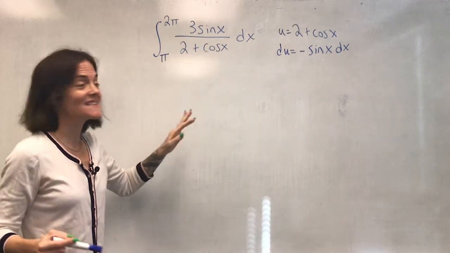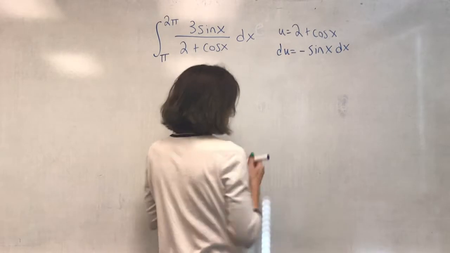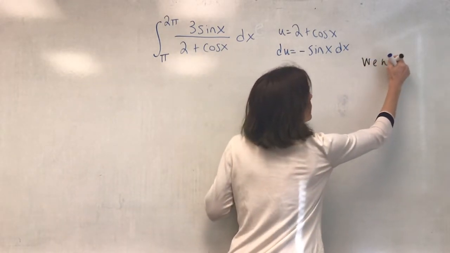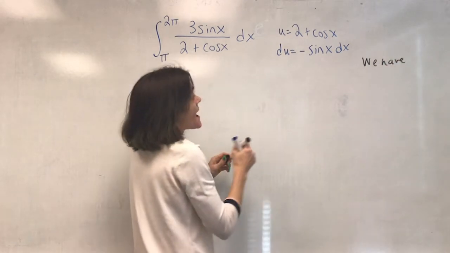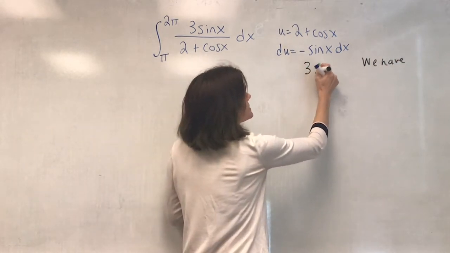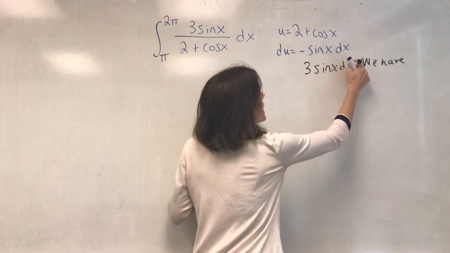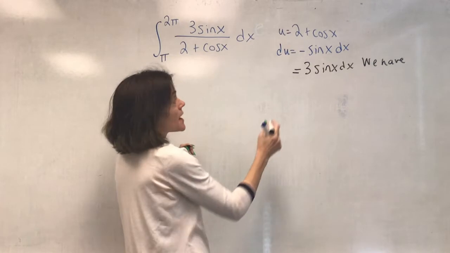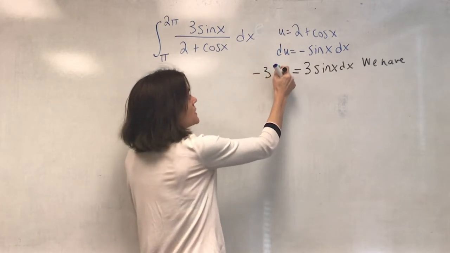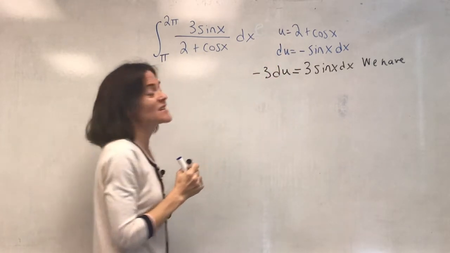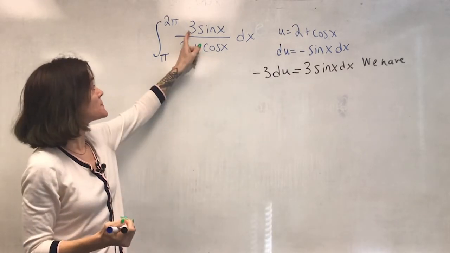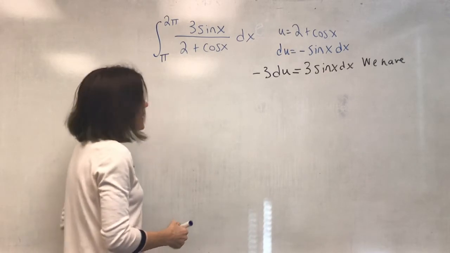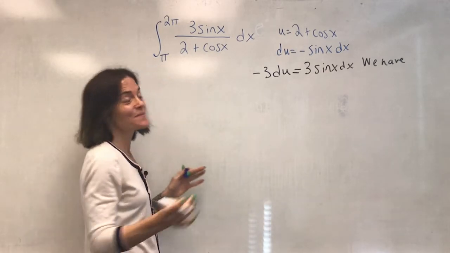We do not have exactly what we have. So we have 3 sine x dx, which is, if you move from here to here, a times negative 3 du. Okay, so handed to us in our integral, this is minus 3 du. And then now I will convert my bounds.